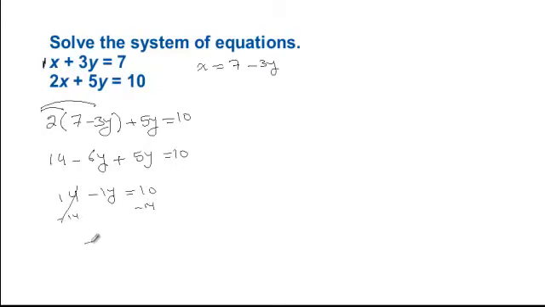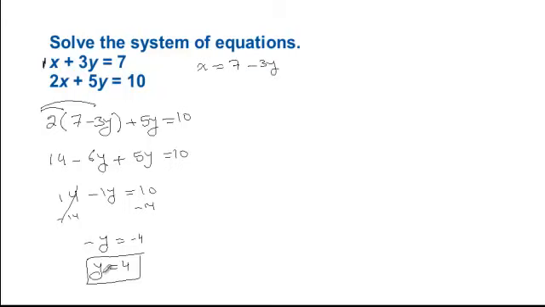So we get minus y equals 10 minus 14, which is minus 4, and then we divide by minus 1, and you get y equals 4. After we get y, we already have x in terms of y at the top, which we did at the beginning.